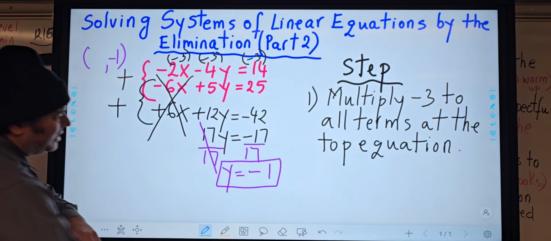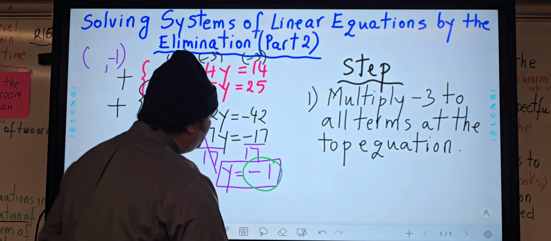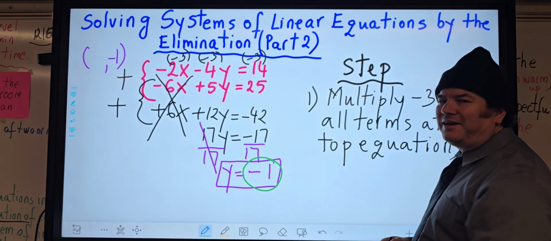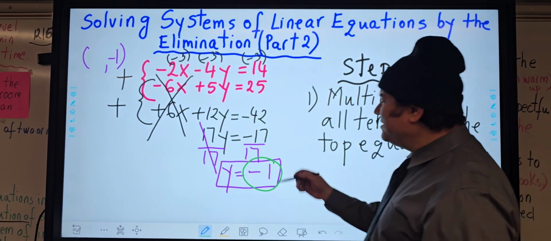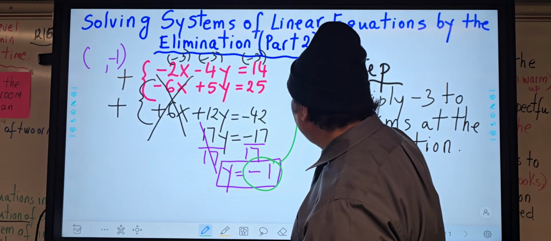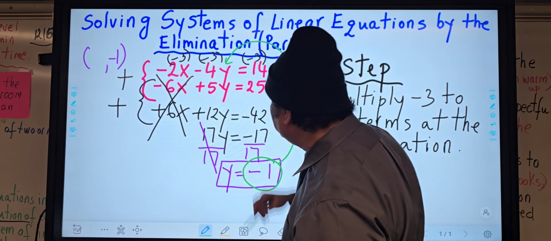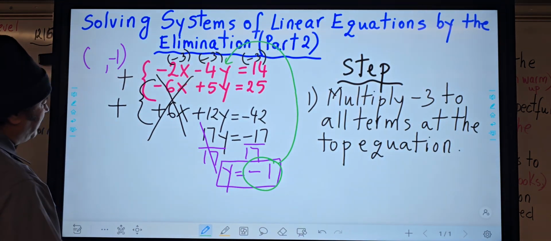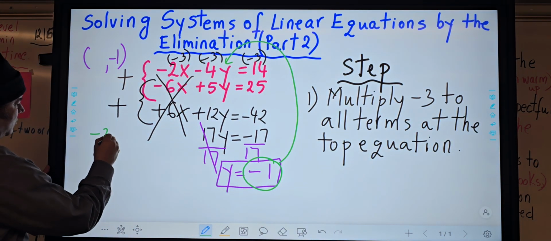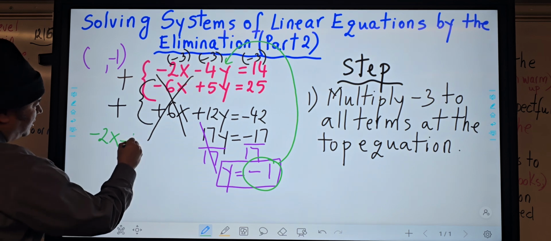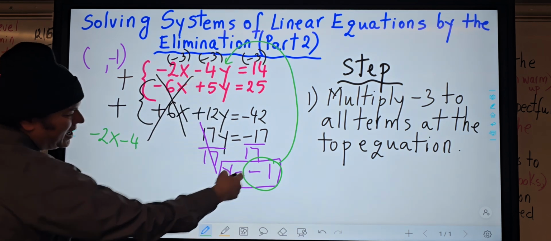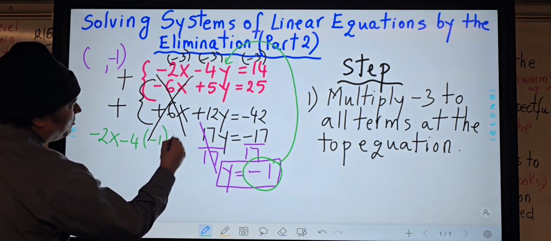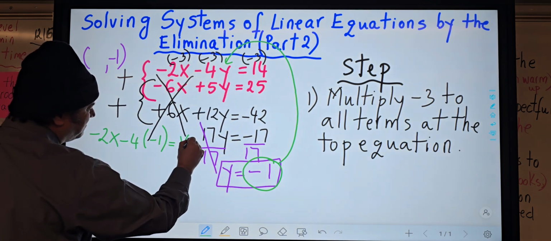In order to find the x, we need to substitute negative 1 into one of the original equations and solve for x. So let's substitute this negative 1 for the y here at the top. We have negative 2x minus 4 times negative 1 equals 14.